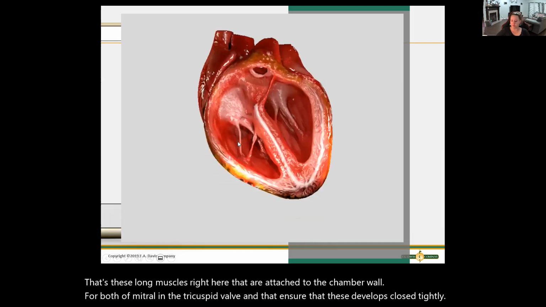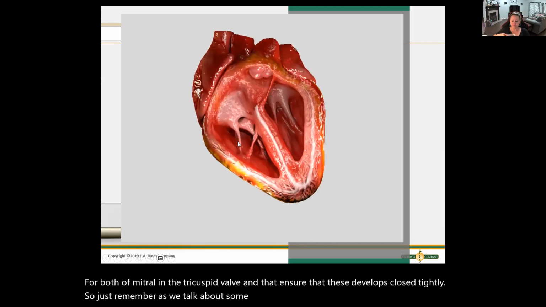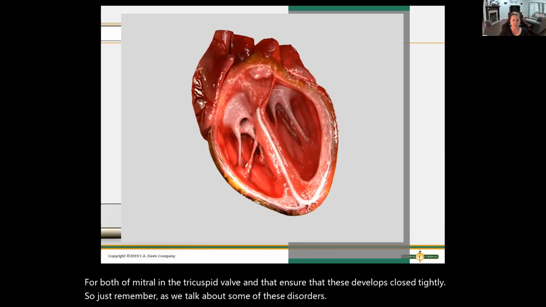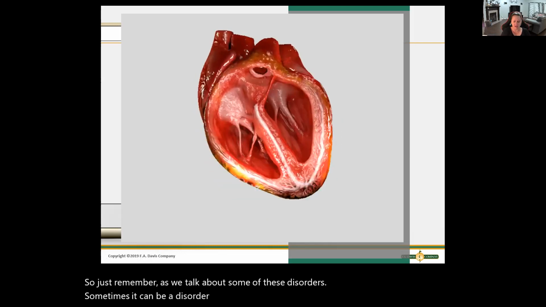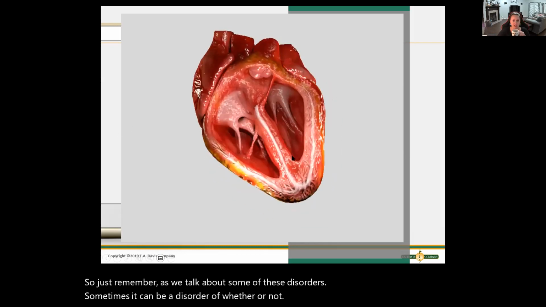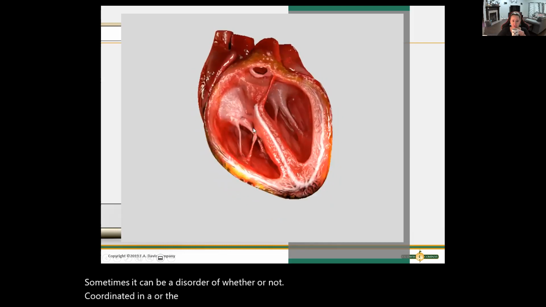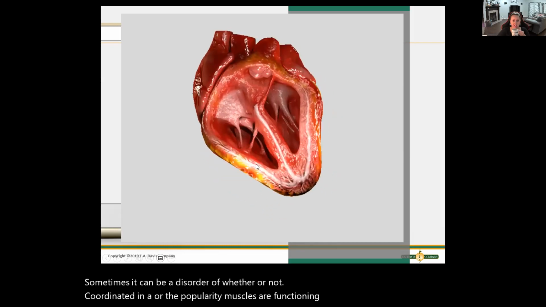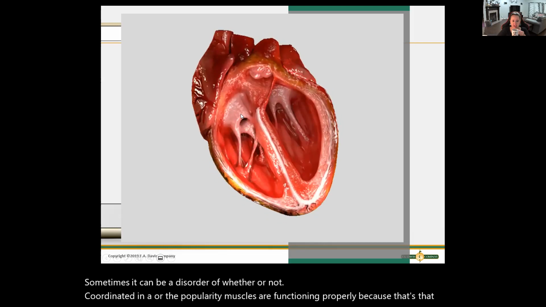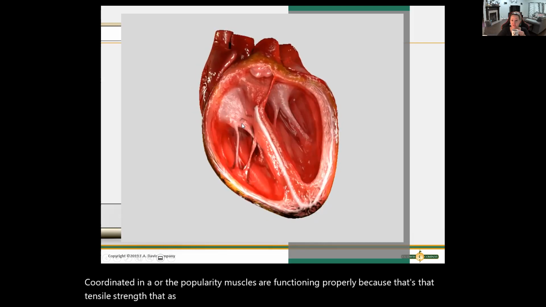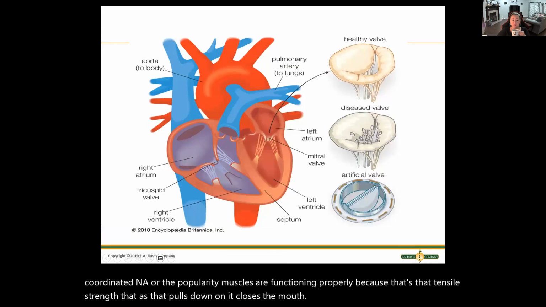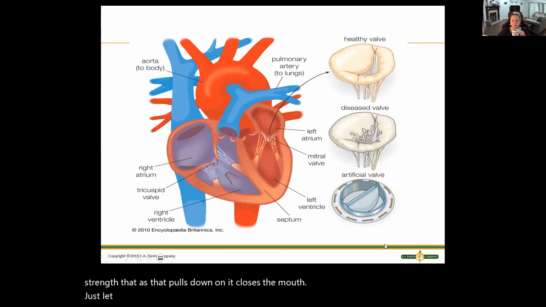So as we talk about some of these disorders, sometimes it can be a disorder of whether or not these chordae tendineae or the papillary muscles are functioning properly, because that's the tensile strength that, as it pulls down, closes the valve. Just a neat little animation there.